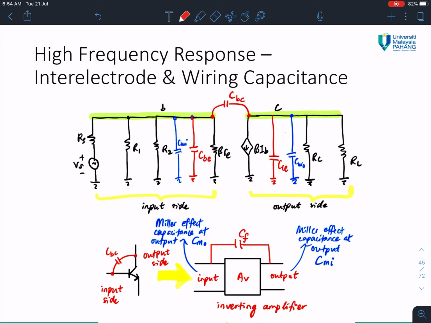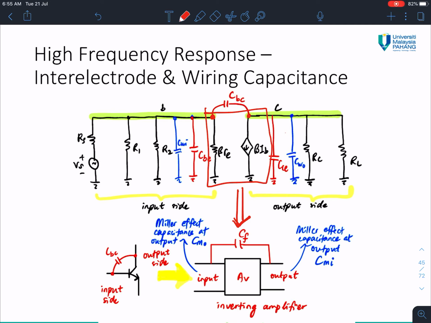Because of this, we will use the Miller effect capacitance. So I will explain here. When we change the BJT into the re model, we get beta re and beta IB here. But still, the CBC is connected like this, and this looks like this model.